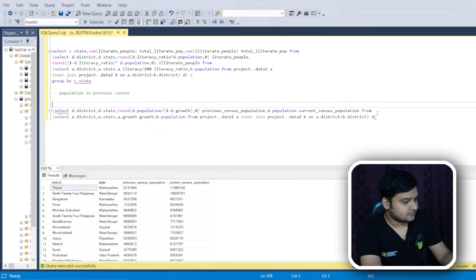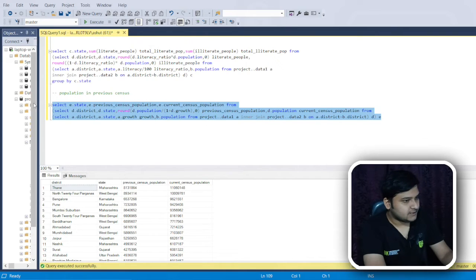So we'll need to get the state value here, e dot state, e dot previous census population, similarly e dot population from, we'll be giving this as e.